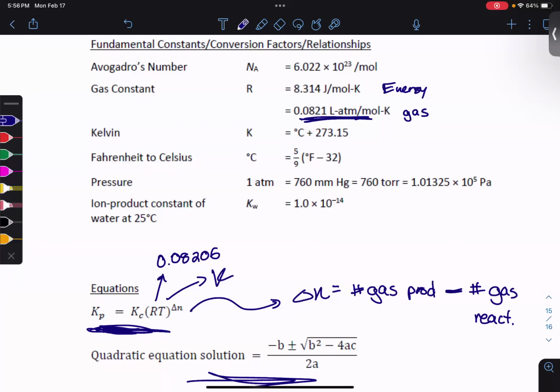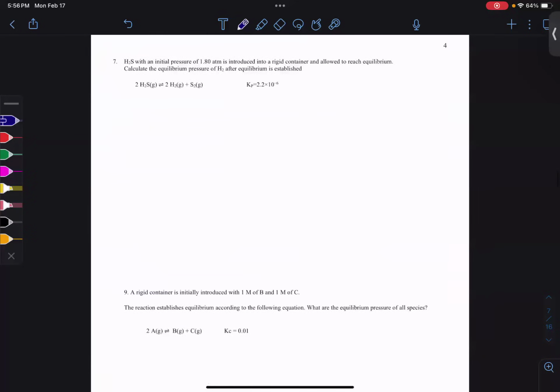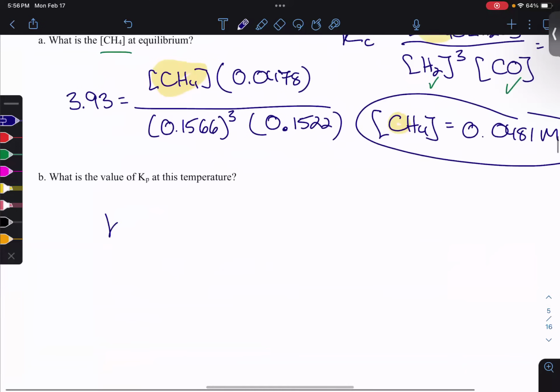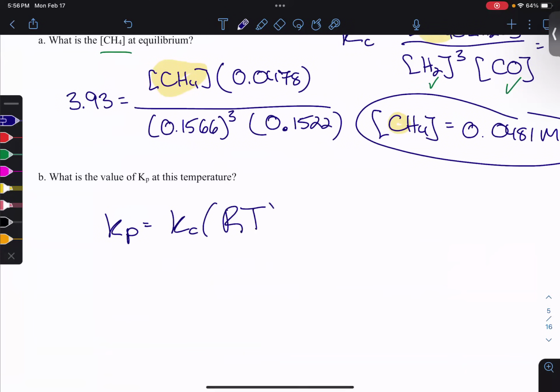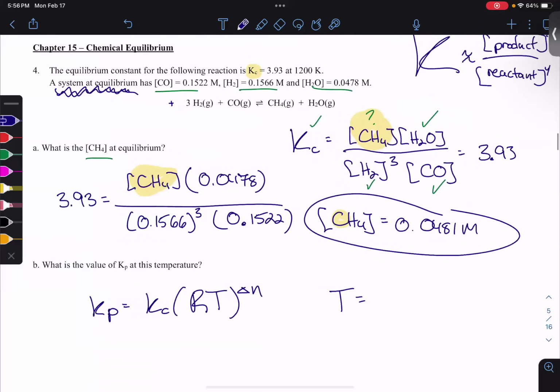Only look at gases. So let's use this equation to answer the question now. So, okay, what is Kp at this temperature? So Kp equals Kc (RT) to the delta N. I think I gave the temperature. I did. So T is equal to 1200. All right.